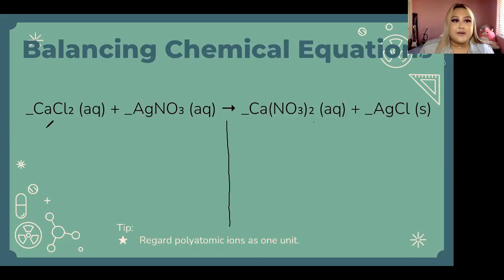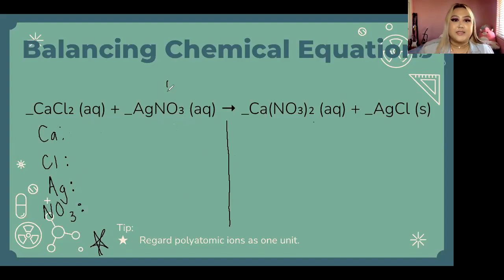Okay, yeah. So I kind of make a line separating the two, reactant and product side. And then I list out each element. We want to always try to keep the polyatomic ions together. We kind of regard them as a unit. It just makes it easier unless it's broken down.